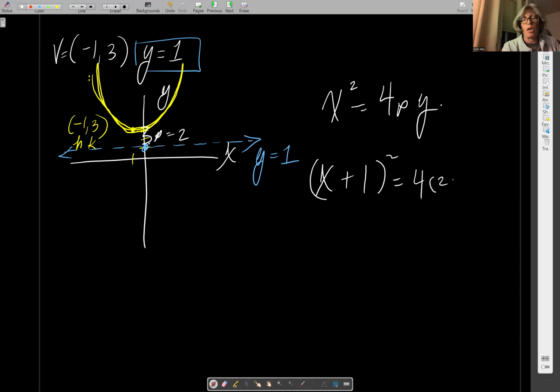It's going to be 4 times 2 times y, and that's going to be y minus 3, of course, because we are shifting that direction.